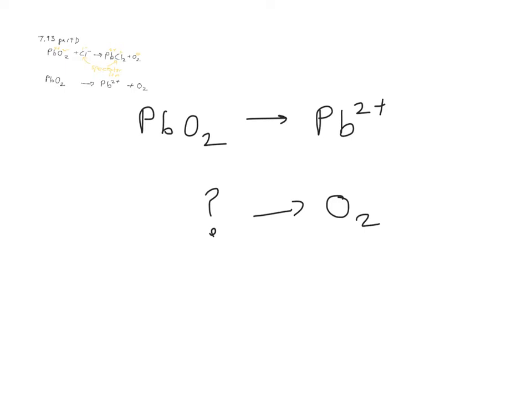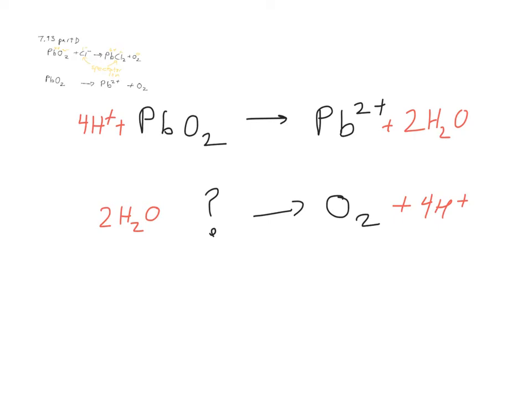So I'm going to have to add 2 waters to this side to balance my oxygens, and I'm going to have to add 2 waters to this side to balance my oxygens. That means I have to add 4 hydrogen ions over here, and I'm going to have to add 4 hydrogen ions over here to balance out my hydrogens.